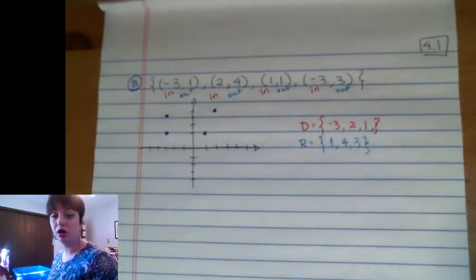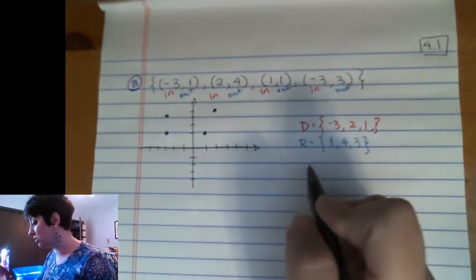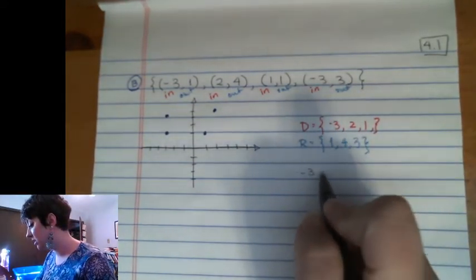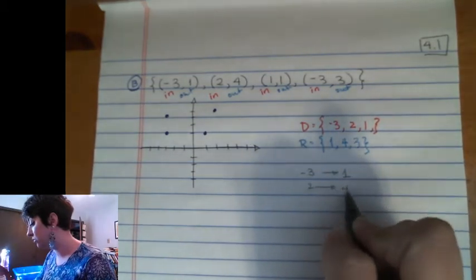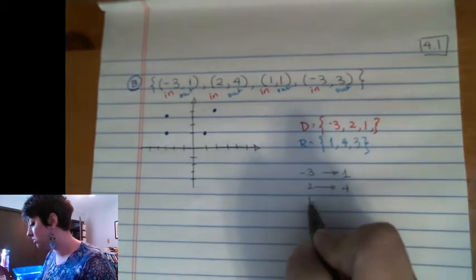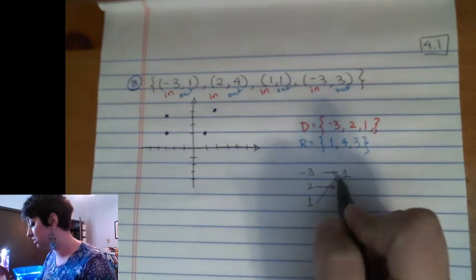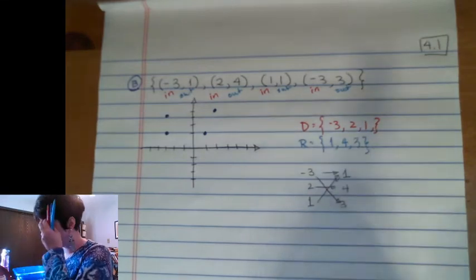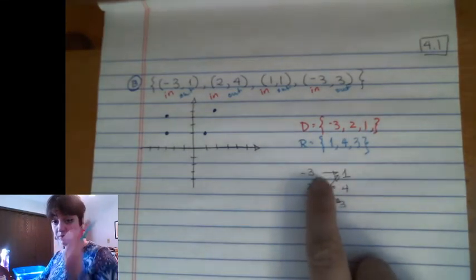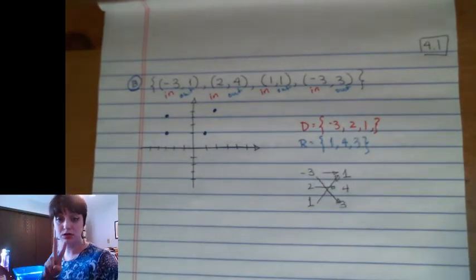So not a function. If we draw the columns again, -3 goes to 1, 2 maps to 4, 1 maps to 1, and -3 maps to 3. So here's the problem. There are 2 arrows coming from -3.